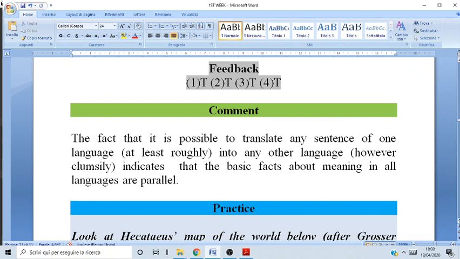What does this mean? The fact that it's possible to translate any sentence from one language to another indicates that there are some basic facts that exist independently of the different languages.